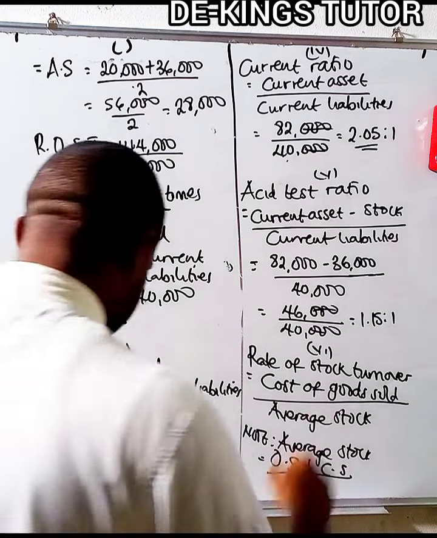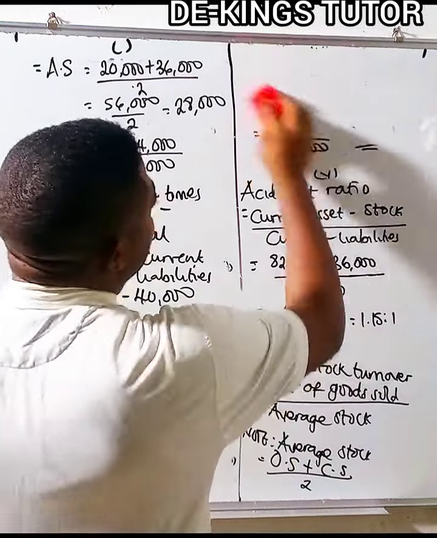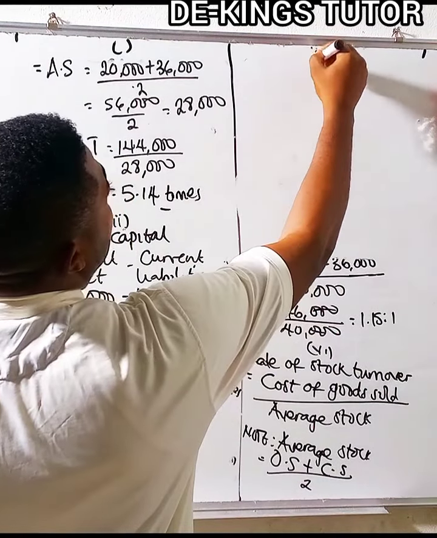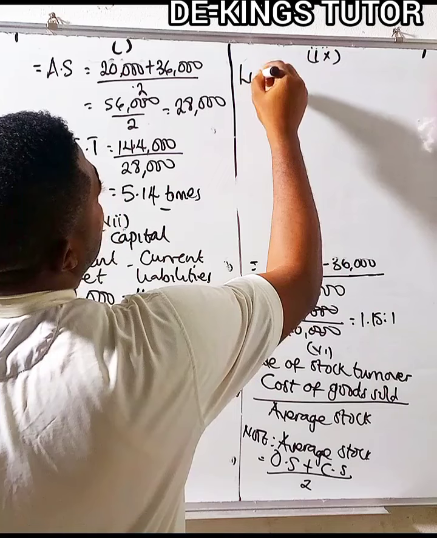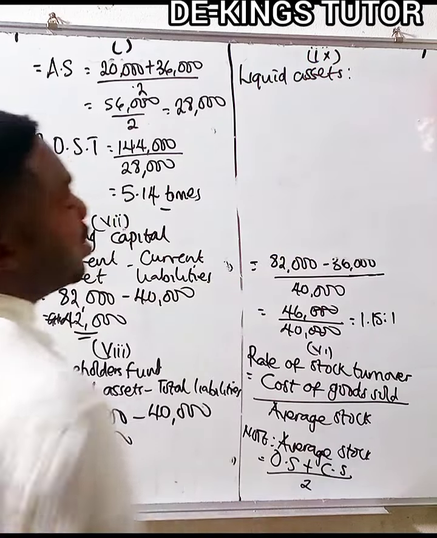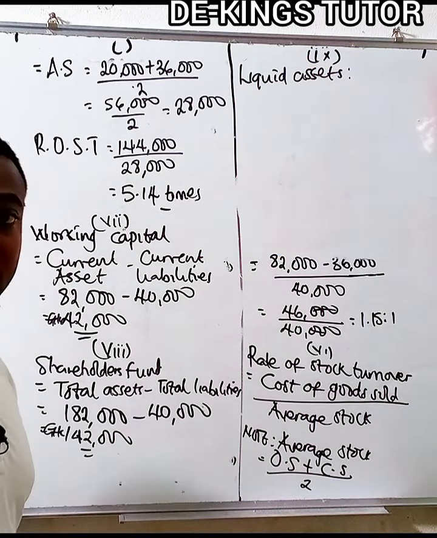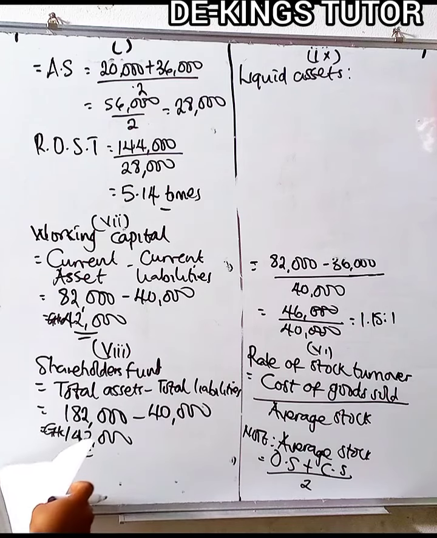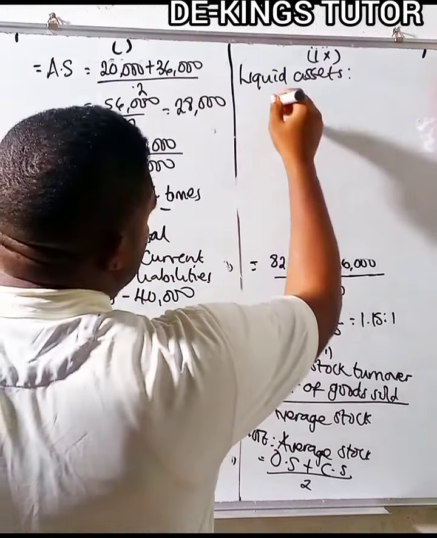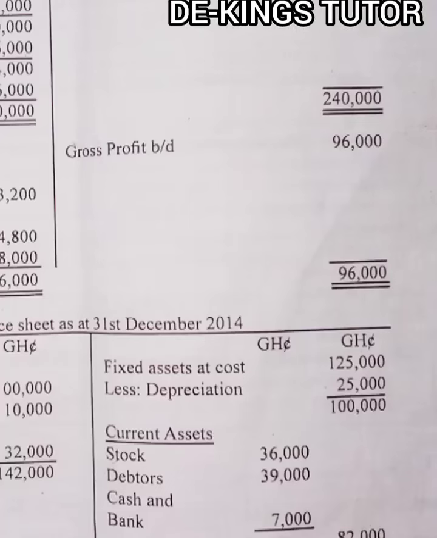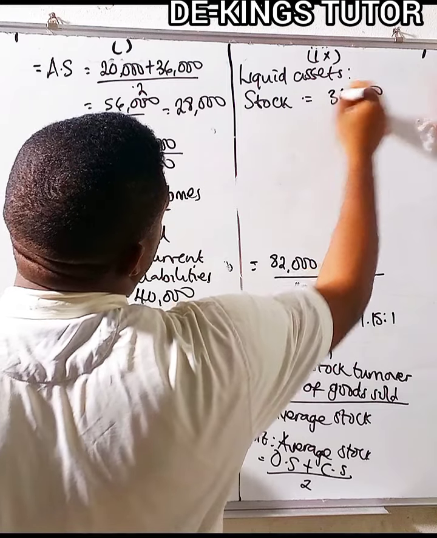Now the last one is the liquid asset. Liquid assets are those assets that can be easily converted to cash. If you check there, the liquid assets are the current assets. So we have the stock value as 36,000.